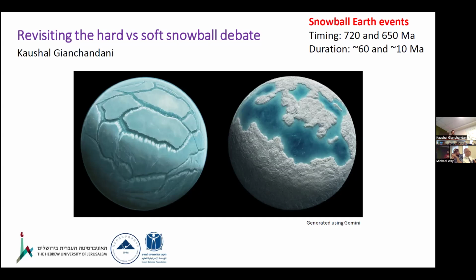Whereas in a soft snowball, which is depicted on the right-hand side of your screen, the Earth would be covered in ice for the most part, but we expect a narrow band of ice-free region near the equator.